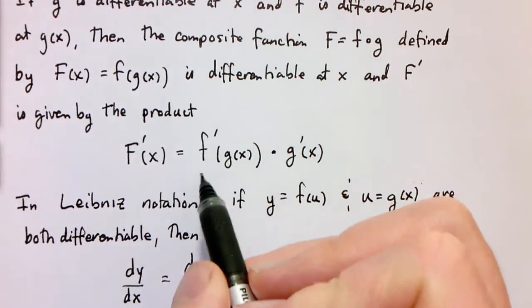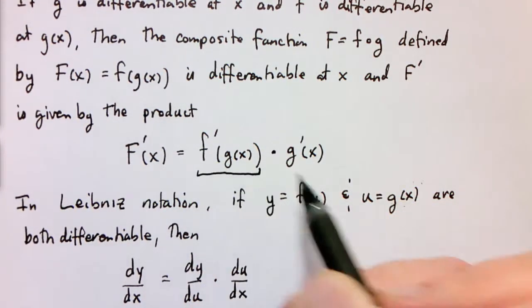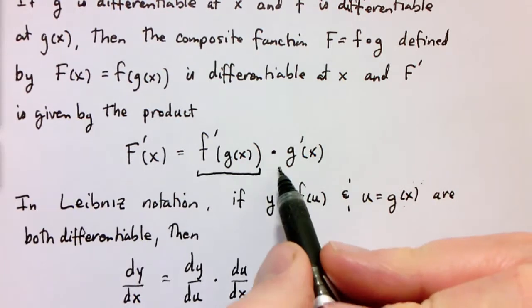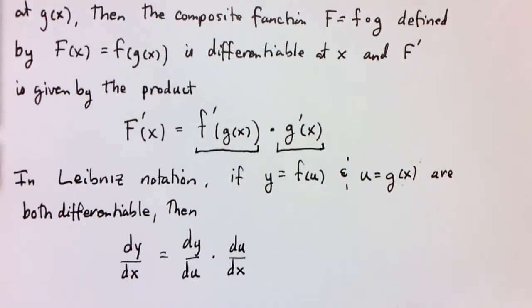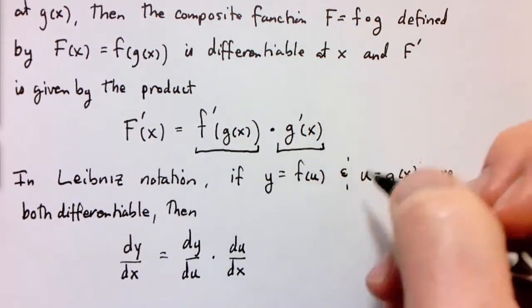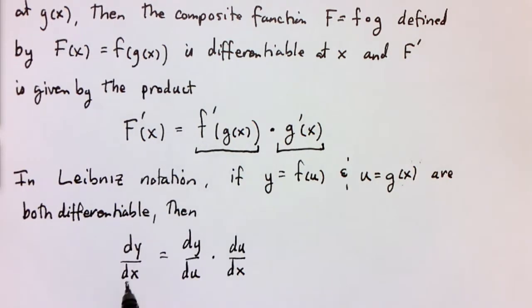But the main thing to note here is that the derivative of a composite function is a product of the derivatives of the pieces. We can also write this in what's called Leibniz notation. When we write primes, that's called Newton notation. When we use dy dx, or d over dx, that's called Leibniz notation.